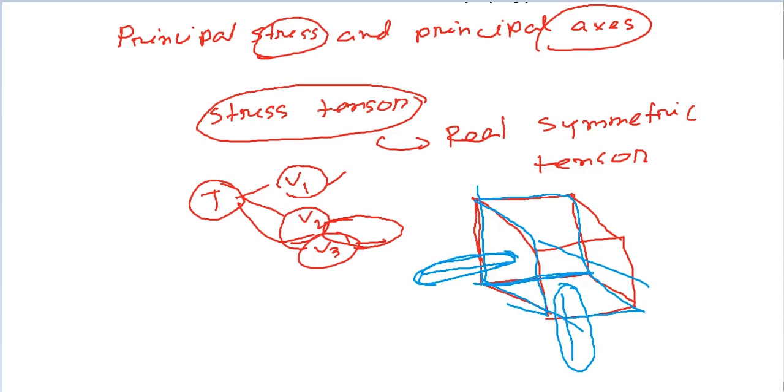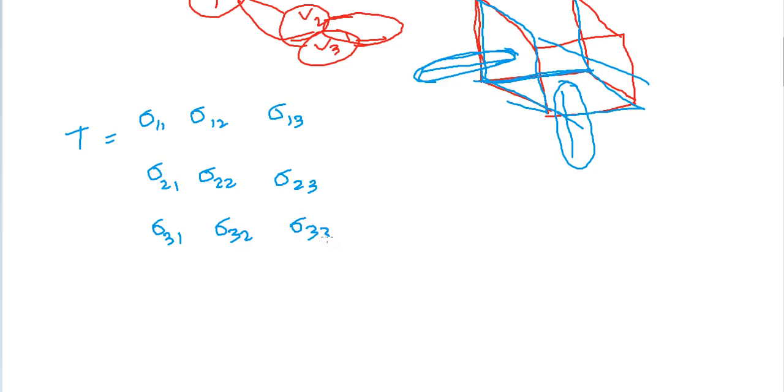Principal stress tensors are generally written like this. Say T is a tensor with components sigma 11, sigma 12, sigma 13, sigma 21, sigma 22, sigma 23, and sigma 31, sigma 32, sigma 33. Then there will be three stresses perpendicular to the three mutually perpendicular planes, from the eigenvectors.